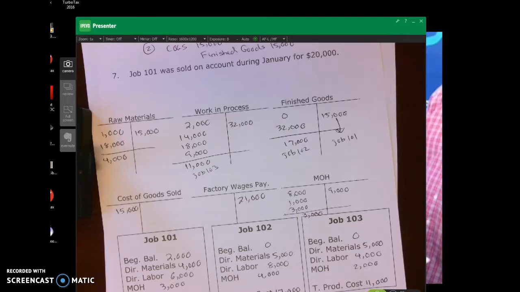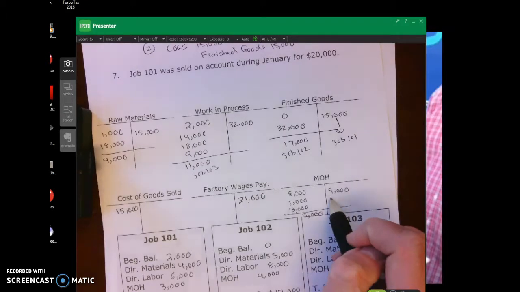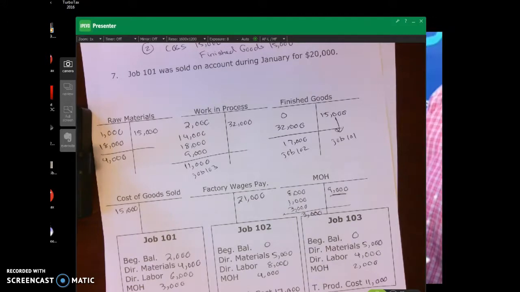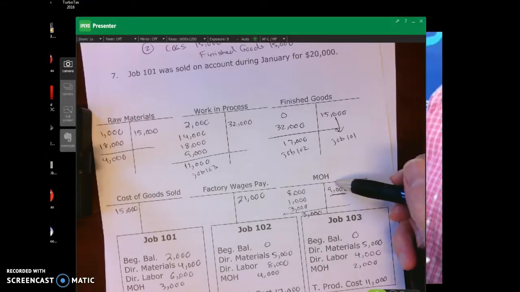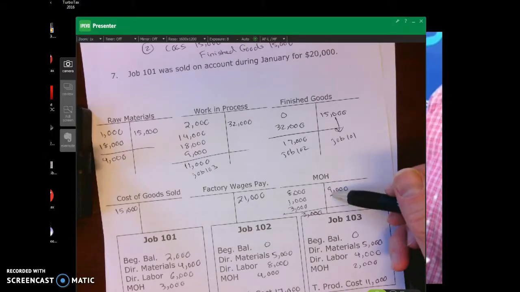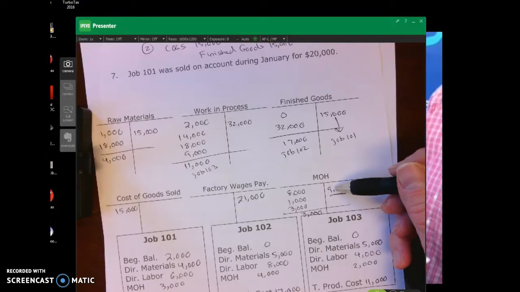12 minus the 9 gives us $3,000 left over in manufacturing overhead. Now, why is there a difference? There's a difference because this is based upon an estimate. Remember, we want to use estimated overhead divided by estimated allocation base, and the reason that we use an estimated rate is for pricing purposes and for budgeting purposes. So the credit side of the manufacturing overhead T account is for the estimated, the applied overhead.